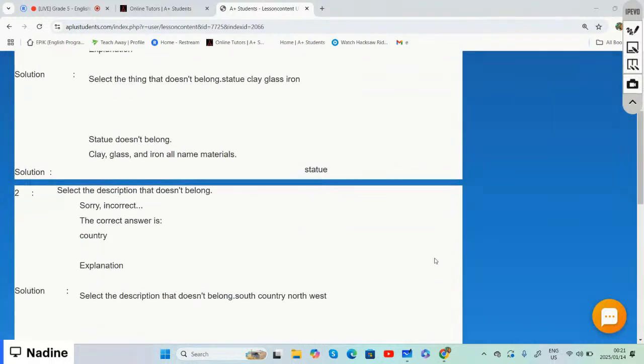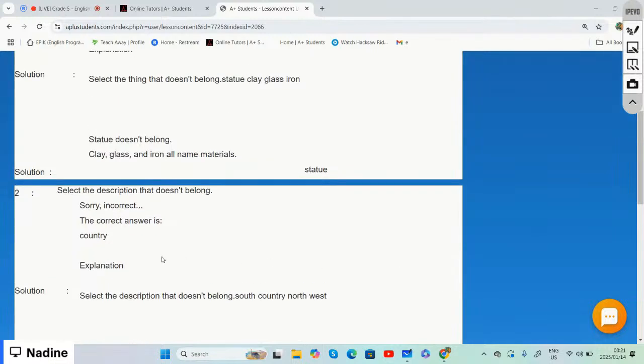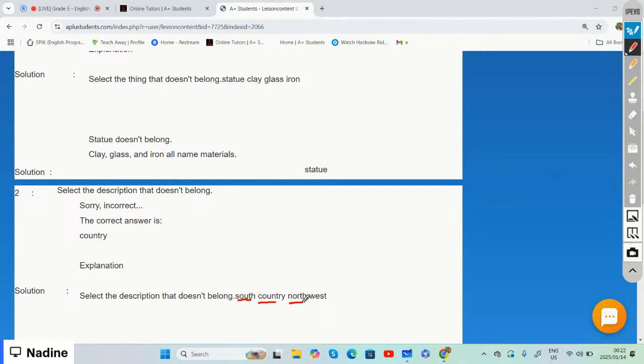All right, we need to select the word that doesn't belong. We have south, we have country, we have north, we have west. What is the word that doesn't belong?